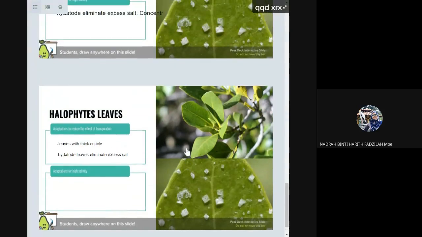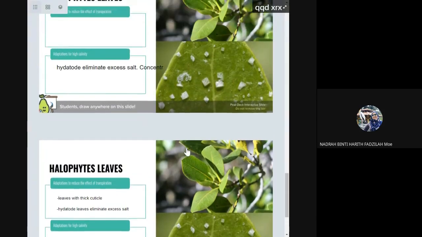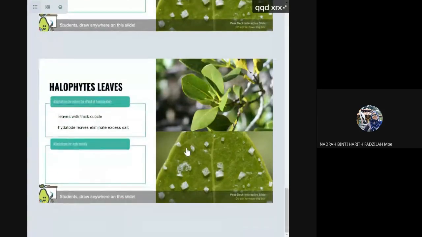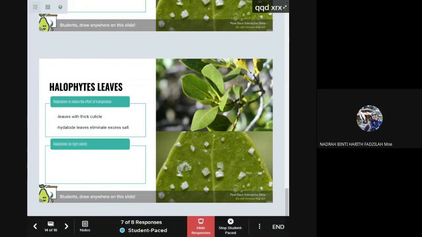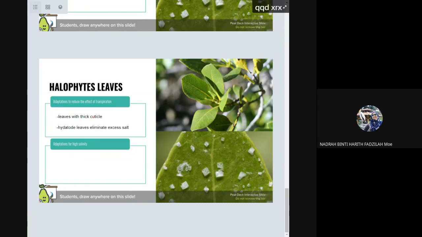Okay, most of you dah bagi 2 kat situ. Okay, untuk high dot tu, jawapan yang saya tengah paparkan kat bawah ni. Okay, untuk high dot tu ialah adaptation for high salinity atau high salt concentration. So bawa turun ke bawah ya.